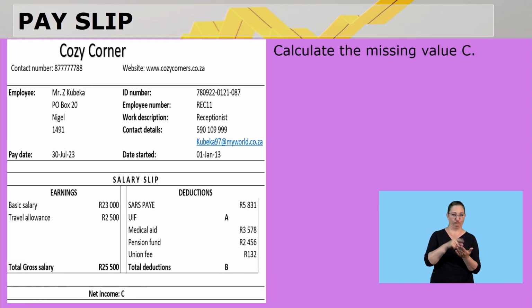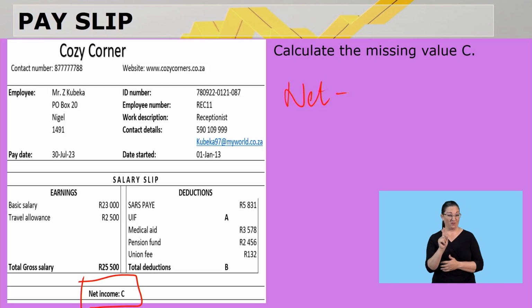Calculate the missing value C. Now C is your net income. Your net income is after deductions. So it's going to be my gross minus my deductions.